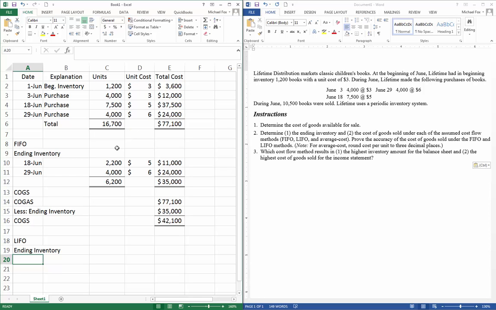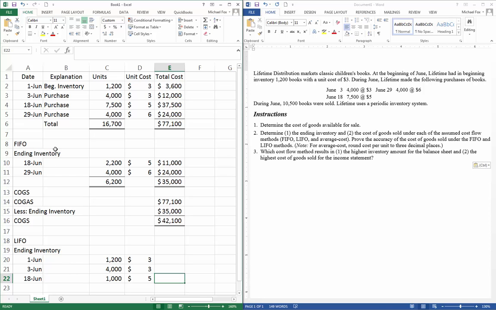So we still have 6,200 units sitting there in ending inventory, so our assumption then is that we have the units we already had at the beginning, all 1,200 of those at $3 a piece, plus our 3 June purchase, which is 4,000, that we paid $3 for. That right there is 5,200, and then another 1,000 of the 18 June purchase are still sitting there. We paid $5 for those. So these are the units that are still sitting there in ending inventory.